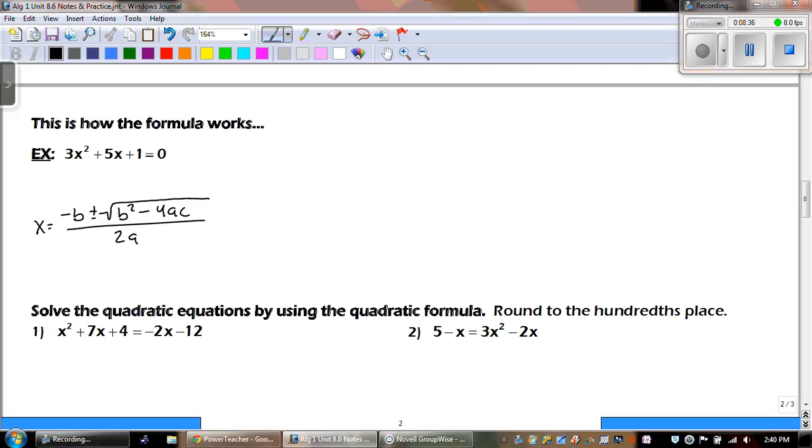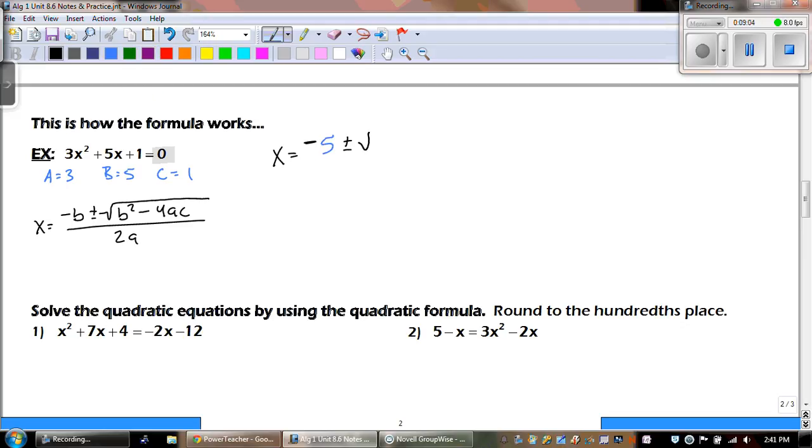Now, the key things that we need to know is that a is 3, b is 5, and c is 1. Okay? We know that right away because it's set equal to 0. All right? So, let's go ahead and solve this. x equals the opposite of b. Good.